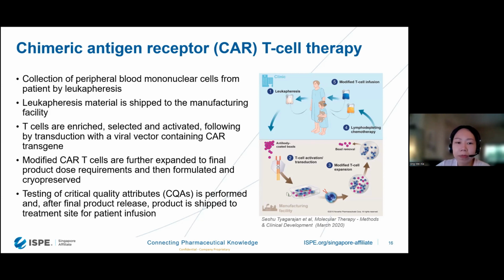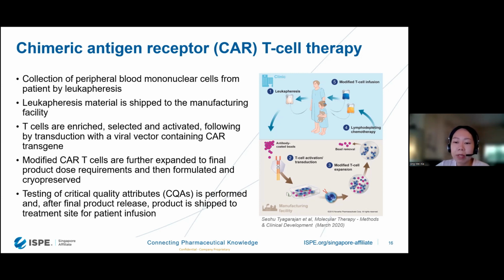A typical manufacturing process of CAR T cells begins with the collection of non-mobilized peripheral blood mononuclear cells from a patient by leukapheresis. This material is then cryopreserved within 24 hours after collection and stored below -120 degrees Celsius.